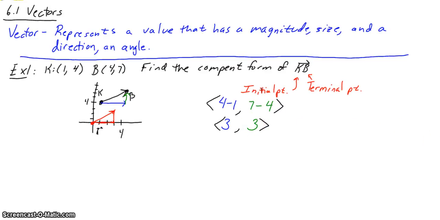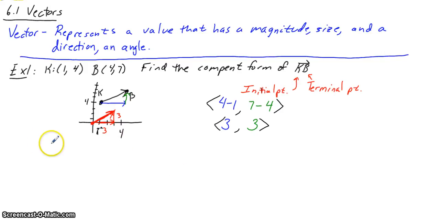Okay? So, let's look at this and find the component form. Well, why don't we find the magnitude of that too? How long is that? Well, looking at this visual representation, this picture for that vector, notice we just created, it's not necessarily to scale, of course, a nice right triangle.